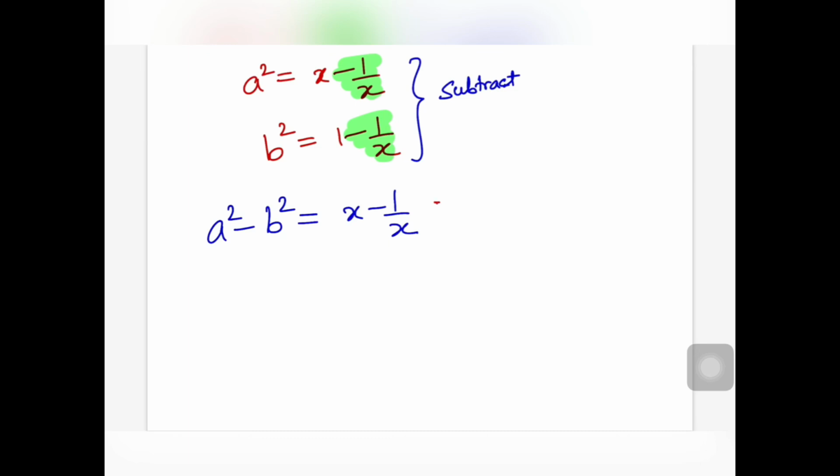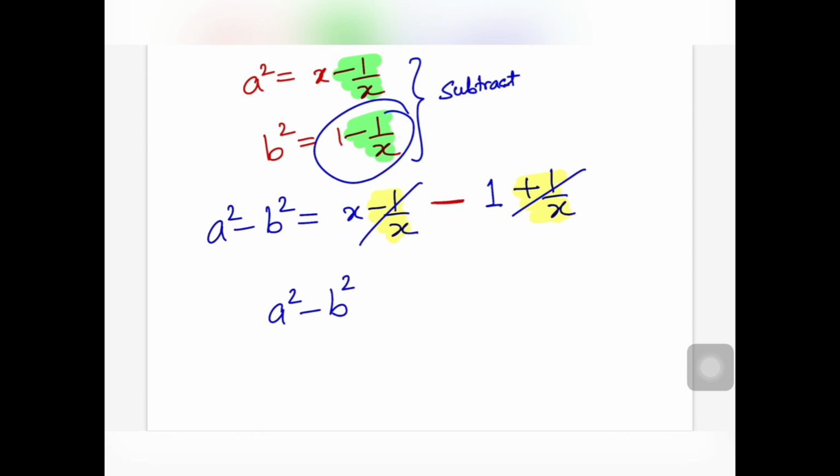Then actually we are subtracting, so there is a minus sign, and the terms of b will change because of the minus sign: 1 will become negative and 1 by x will become positive, right? Then this minus 1 by x and this plus 1 by x will get cancelled, and I am getting a squared minus b squared equals x minus 1.